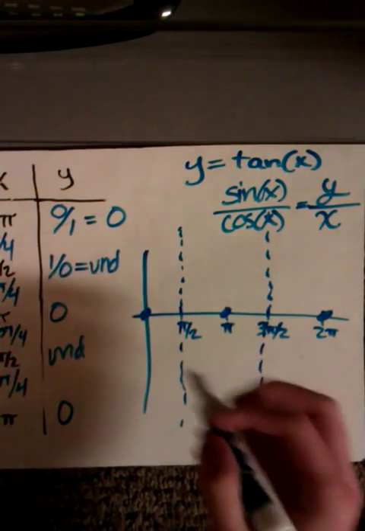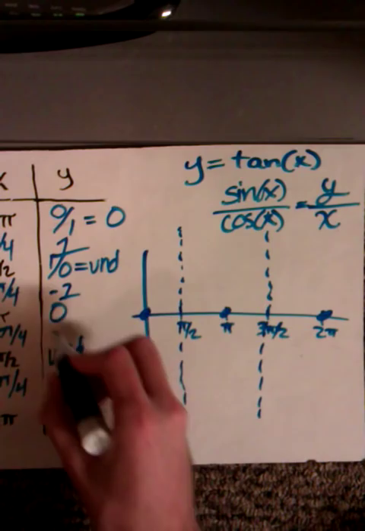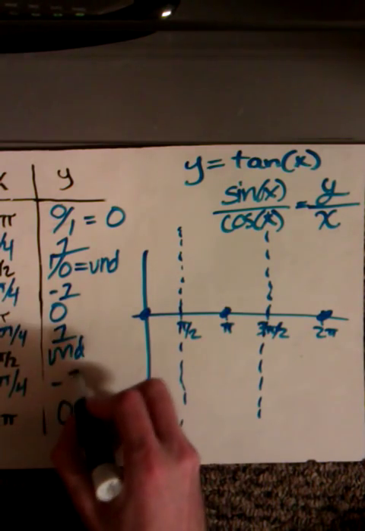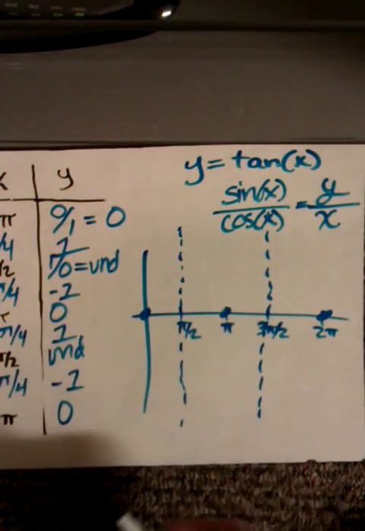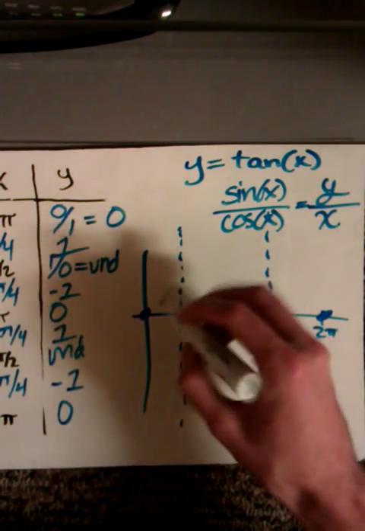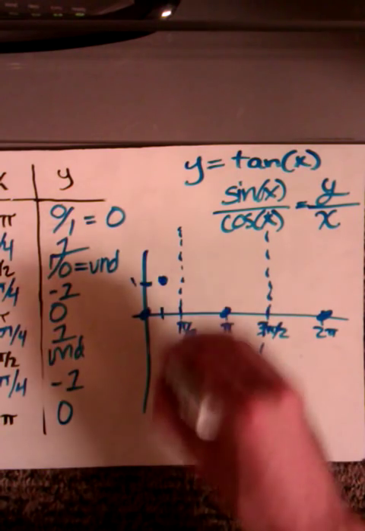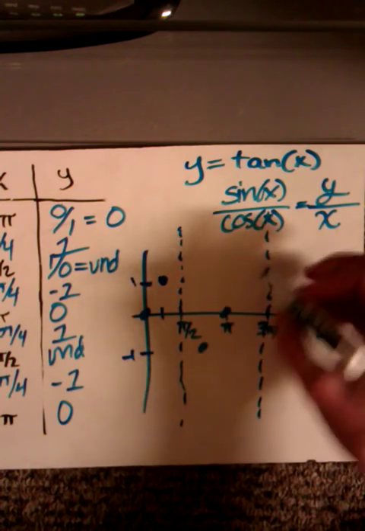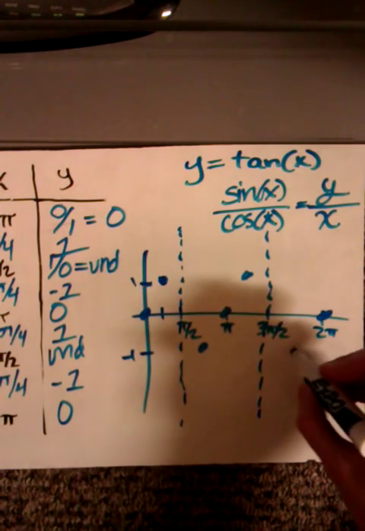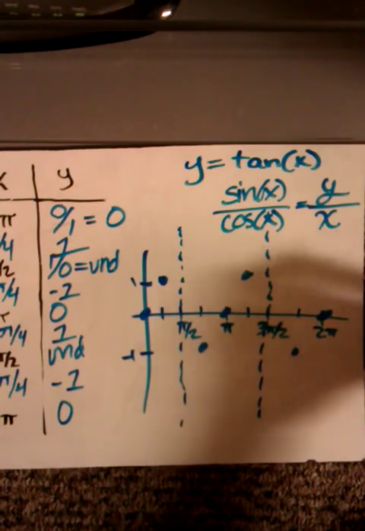So as it turns out, at pi over 4, the tangent would be 1, and then negative 1, and then 1, and then negative 1. So just like with the 0 undefined, that pattern repeats with 1's and negative 1's. So at pi over 4, we saw it was positive 1. And at 3 pi over 4, it was negative 1. And positive 1, and negative 1. So I'm making myself some little tick marks in here to represent pi over 4.